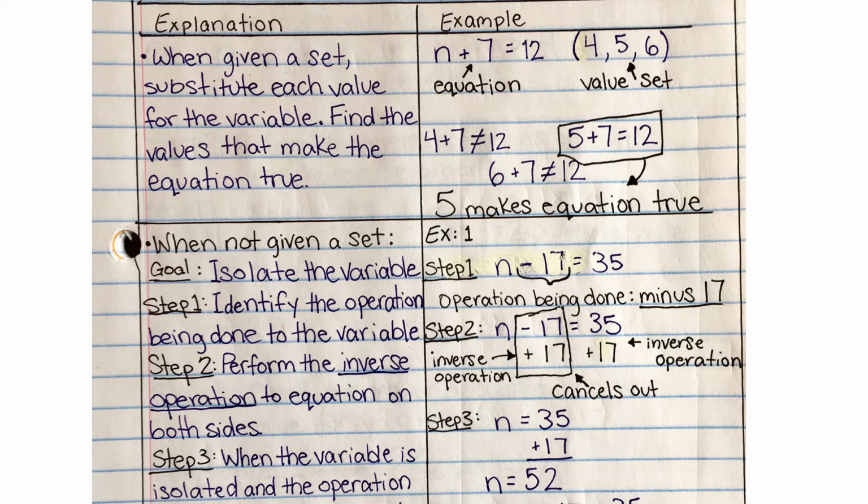Like for instance, if this sign weren't an equal sign, but instead a greater than or equal to sign, then 5 would work because it is equal to 12, but 6 would also work because 6 + 7 is 13, which is greater than 12. Anyway, hopefully that's not too confusing. Point is, throw in all of these values.